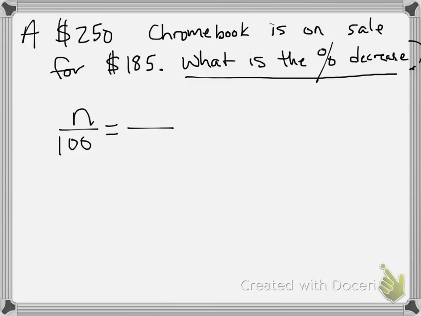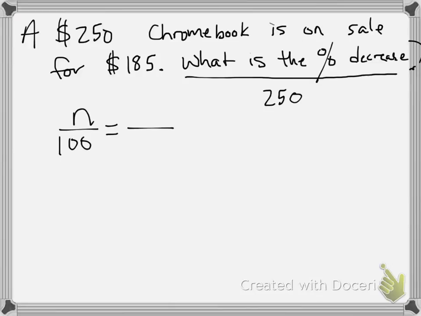Now, you might quickly toss 185 and 250 into here, but they only want to know about that decrease. What is the percent decrease? Well, what's the actual decrease? From 250 down to 185. There's a few different ways you might think about it.